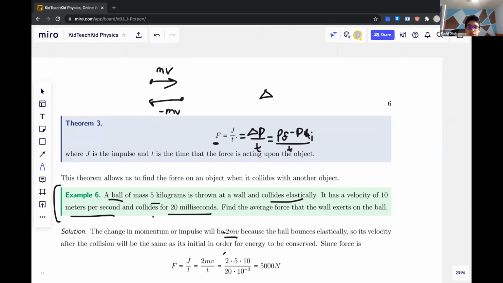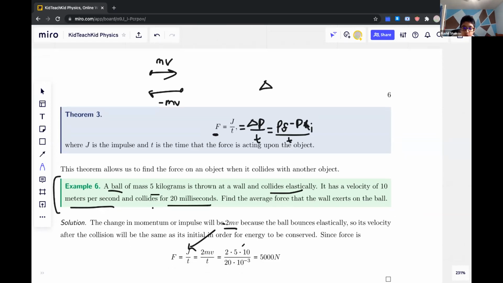Okay, so this is going to be our impulse, J. And we know that the time is 20 milliseconds, which is 20 times 10 to the negative 3, or 0.02. So when we plug all of the values into this equation, the average force will be equal to 5,000 newtons.